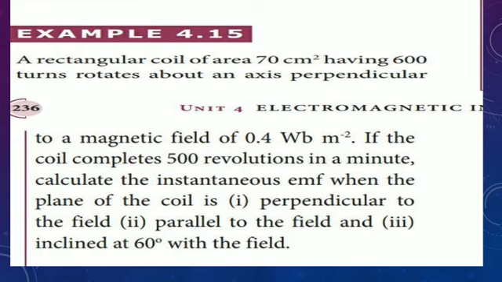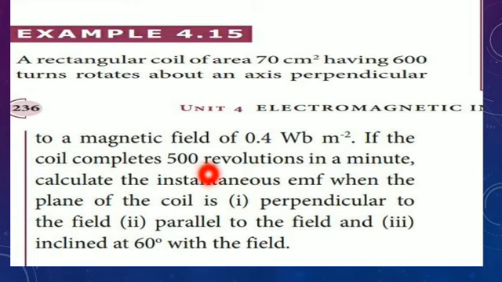Just imagine a rectangular coil. And if the coil completes 500 revolutions in a minute, so in 1 minute the coil completes 500 rounds. That is the revolution.